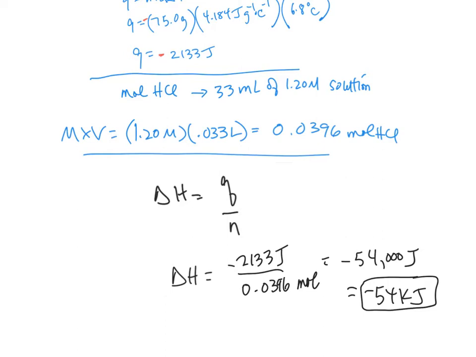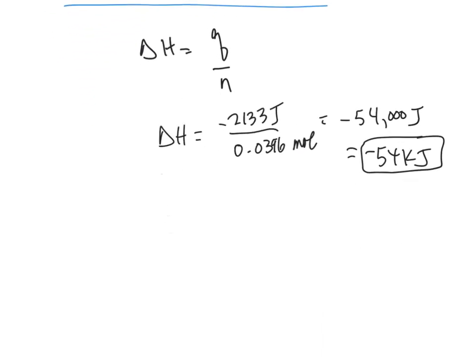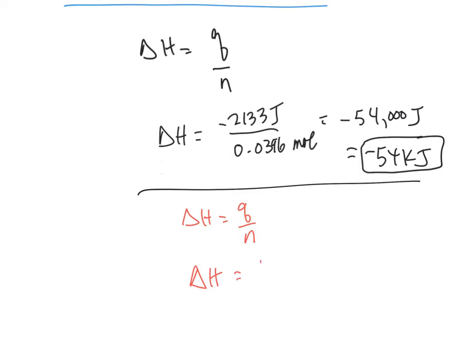Okay, so then before we look at the bomb calorimeter calculation, in summary, we have delta H is Q divided by N, and delta H is equal to MC delta T divided by N. And this is probably the way you want to think about this, as long as you're being asked to do it per mole.